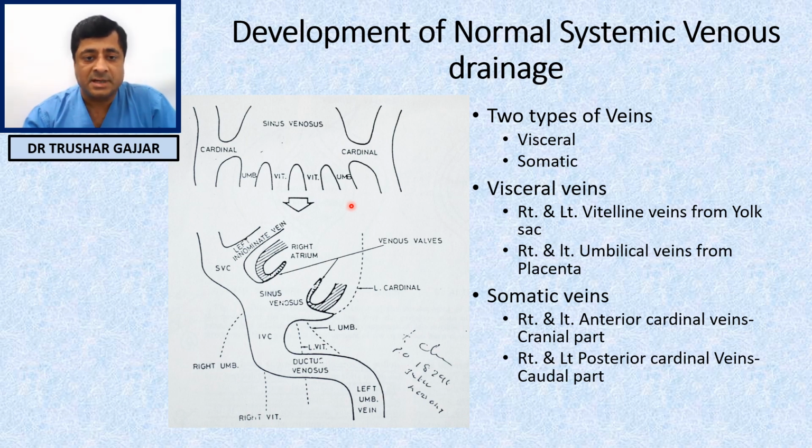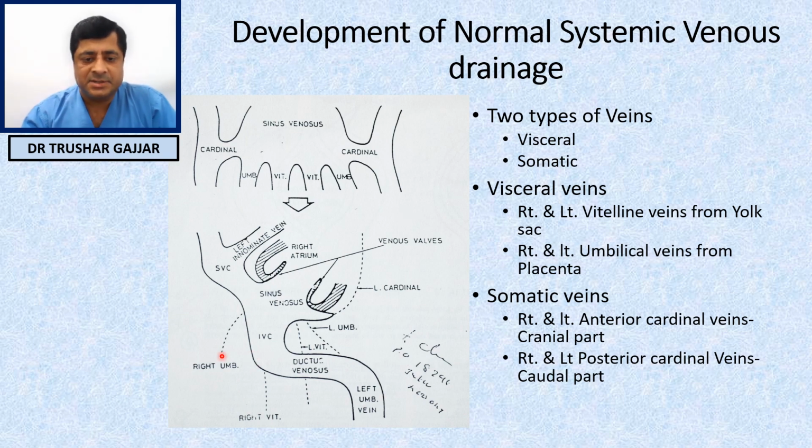The somatic veins are the cardinal veins. Now cardinal veins are having anterior and the posterior part or the caudal part. So right anterior, right posterior, left anterior, left posterior.